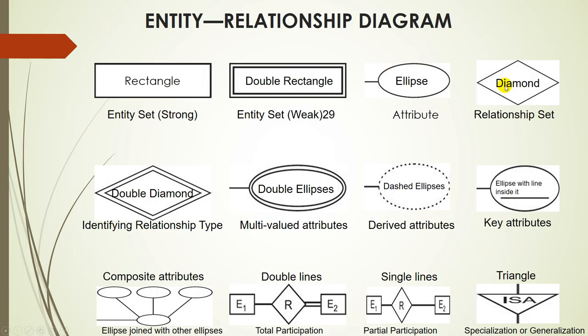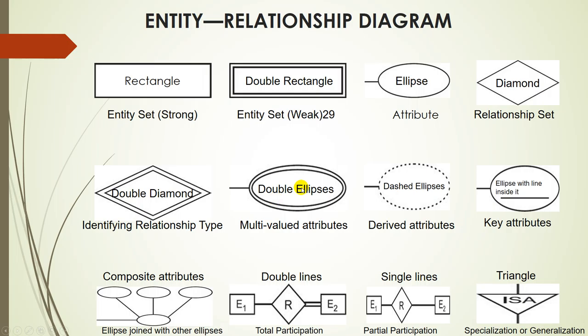And a diamond: we show the relation between two entities via the diamond. A single diamond and a double diamond identify the relation type, for example, one to one or one to many.